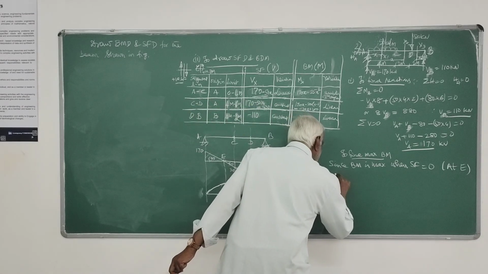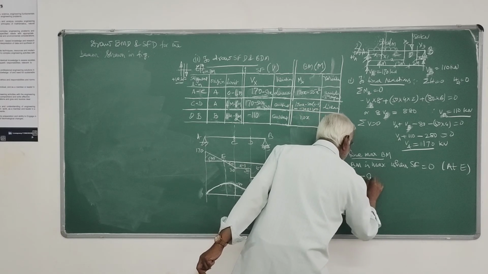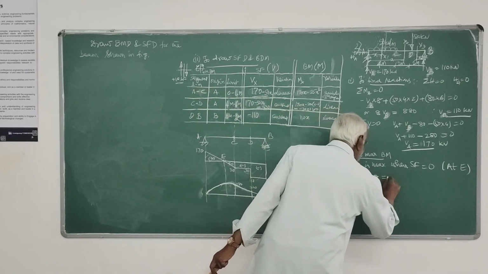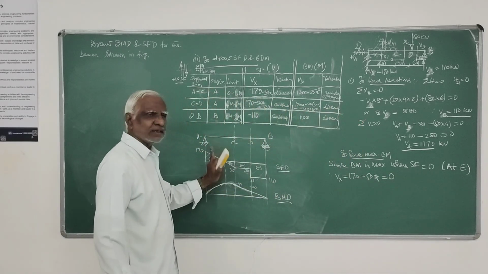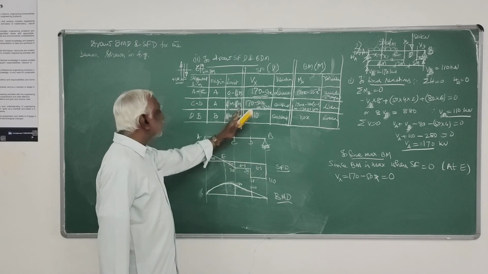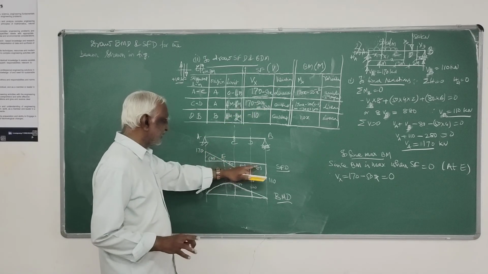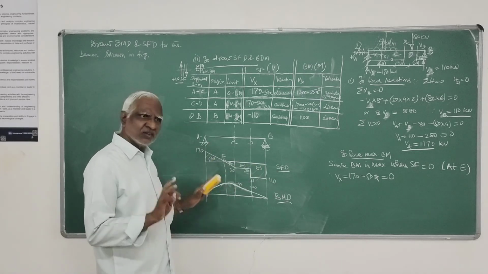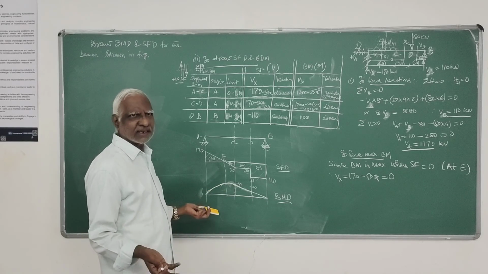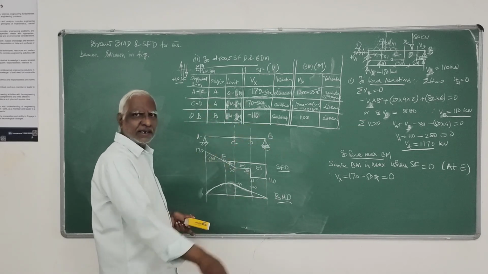Therefore, Vx, which is nothing but 170 minus 50x, is equal to 0. The corresponding equation you have to take. Suppose the shear force is 0 in the CD portion, you take that equation. That's why I drew the shear force diagram first. If you follow this procedure, you can do any bending moment diagram, any shear force diagram, or any loading for any span.